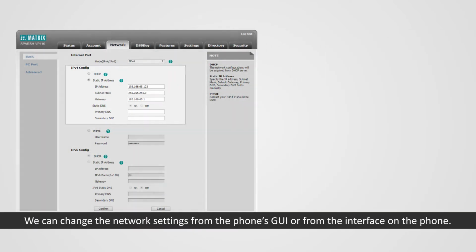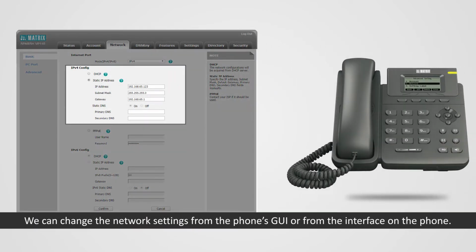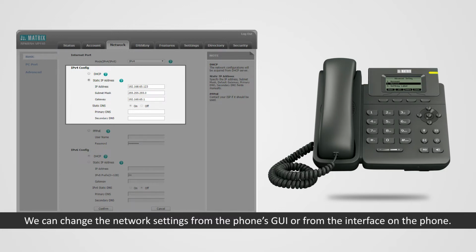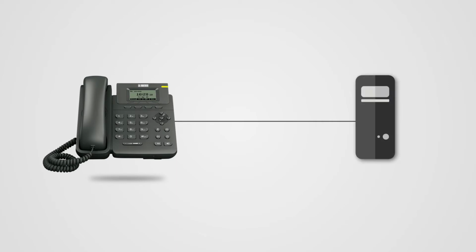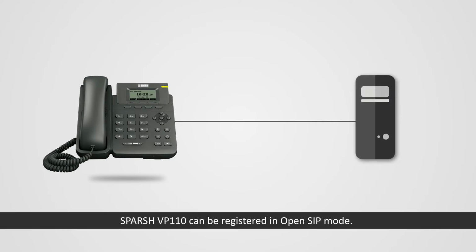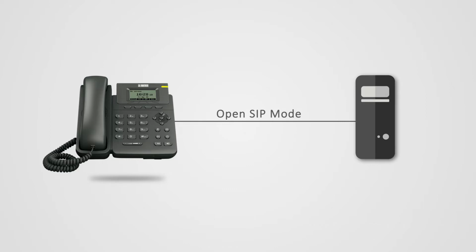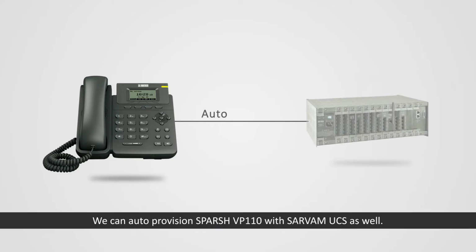We can change the network settings from the phone's GUI, or from the interface on the phone. SPARSH VP110 can be registered in OpenSIP mode. We can auto-provision SPARSH VP110 with SARVAM UCS as well.